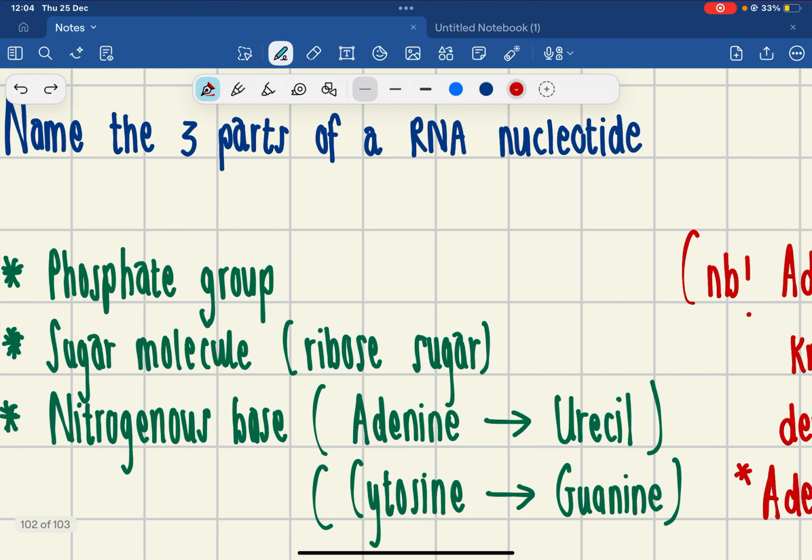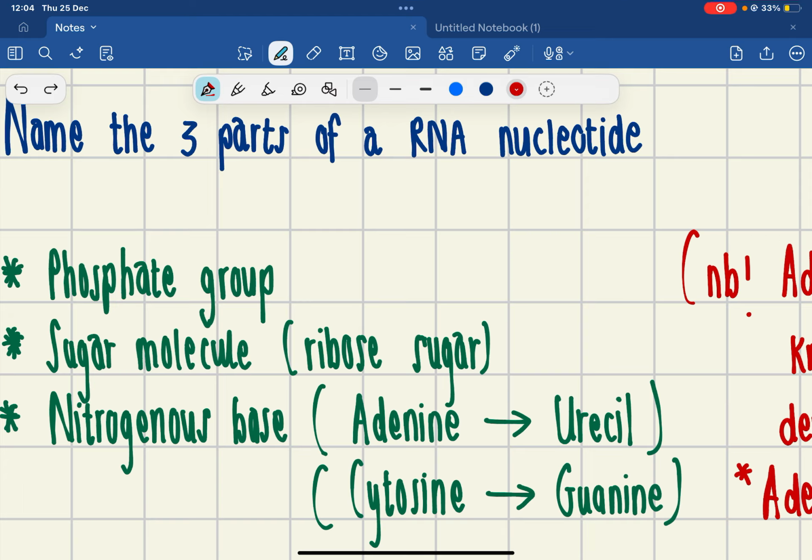An RNA nucleotide consists of 3 things: phosphate group, a sugar molecule. Now, what sugar molecule would RNA consist of? Ribosugar. Ribosugar, okay? Now, from there on, we'll see something very funny that tends to happen. I want you to think about this scenario that I'm going to give you as we move along. You'll see as time goes.